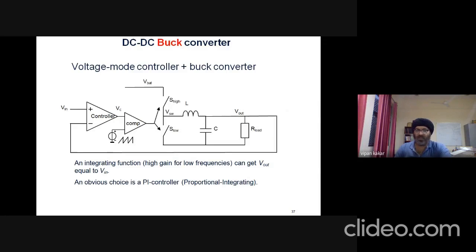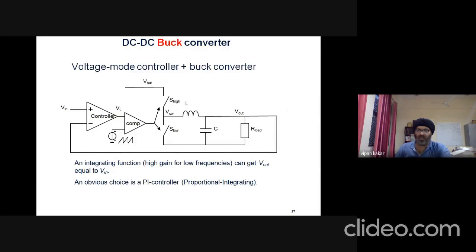So this control voltage is generated by the controller based on the difference between the reference input and the actual output which is fed back.